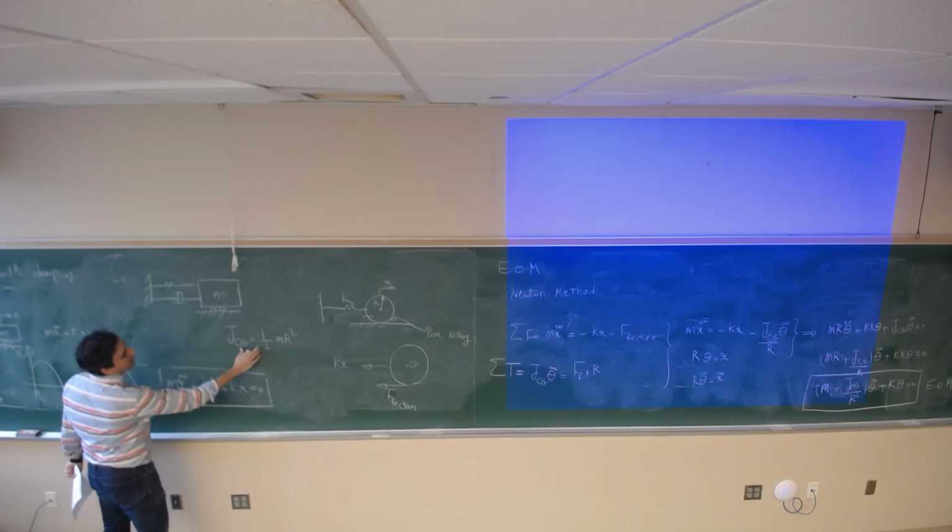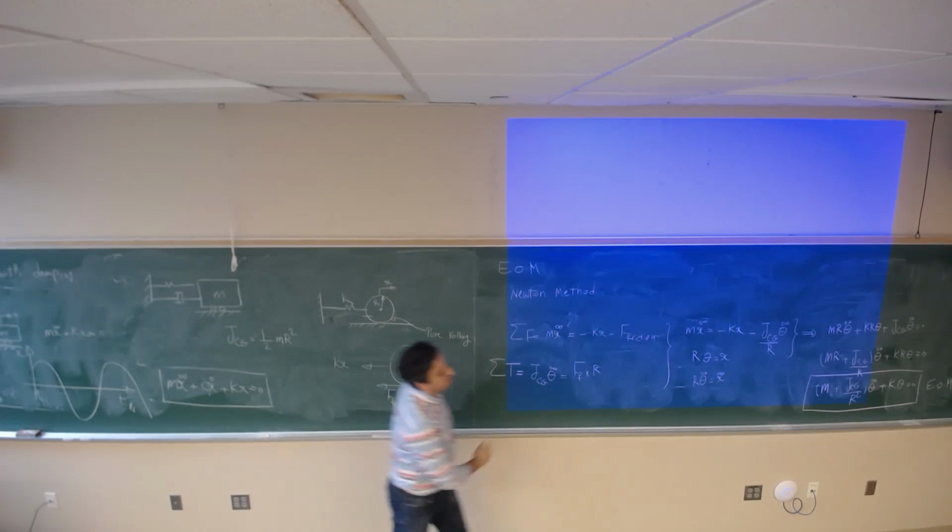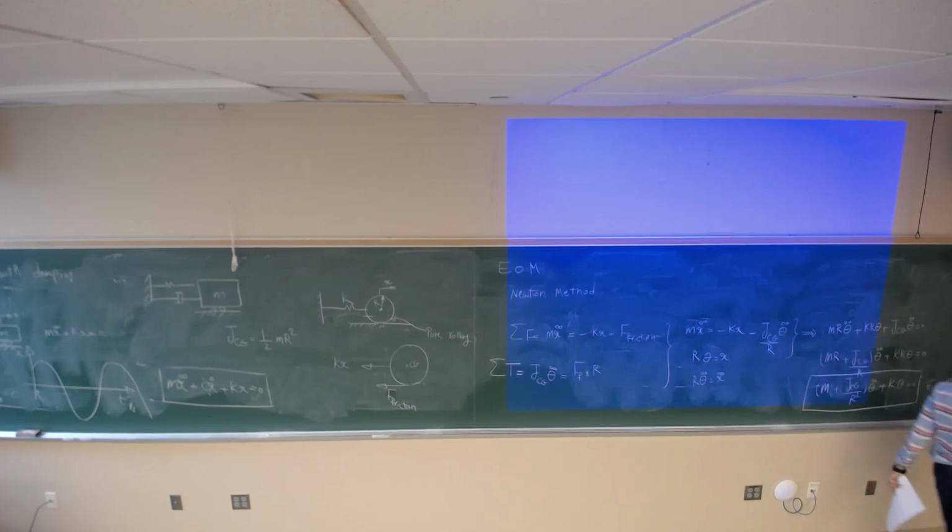And you can replace J cg by half of m r squared divided by r squared.